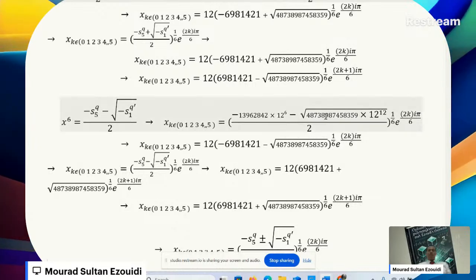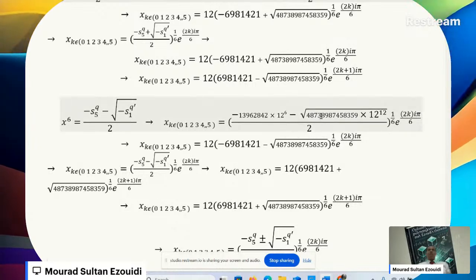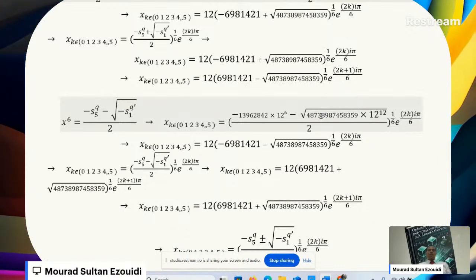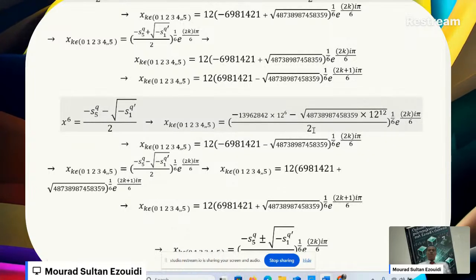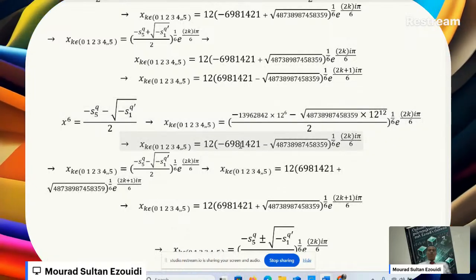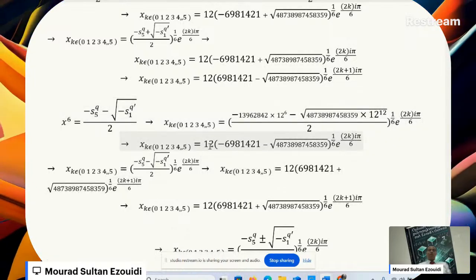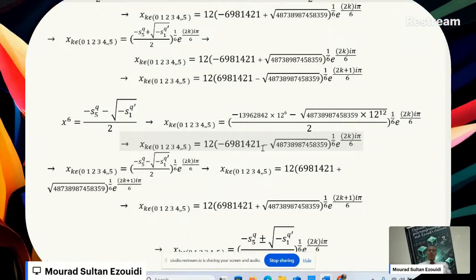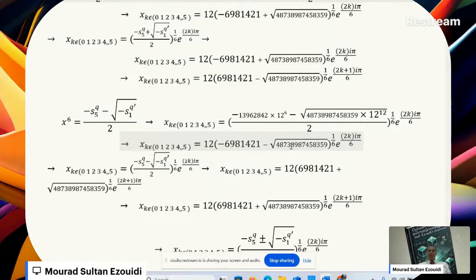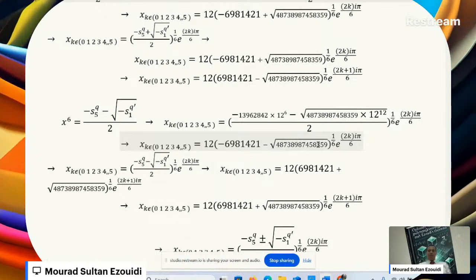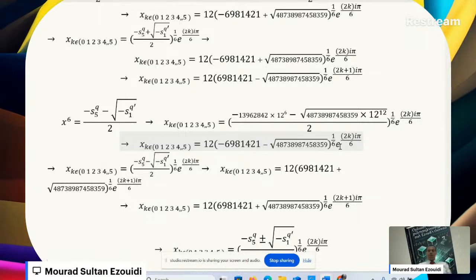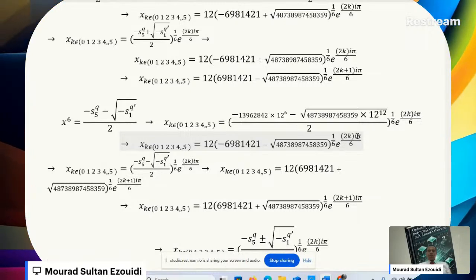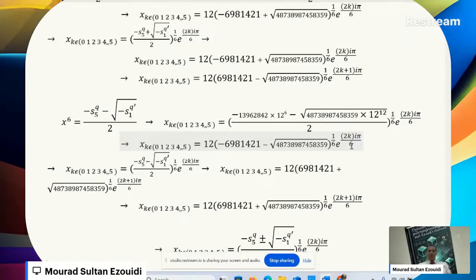I will divide this by 2, and what is inside the root, I will solve 4, root of 4 will be 2, then it has to be divided by 2, so it will be written as 12 times negative 6,981,421 minus the value of this divided by 4, all raised to the power 1 over 6, exponential 2k i pi divided by 6.